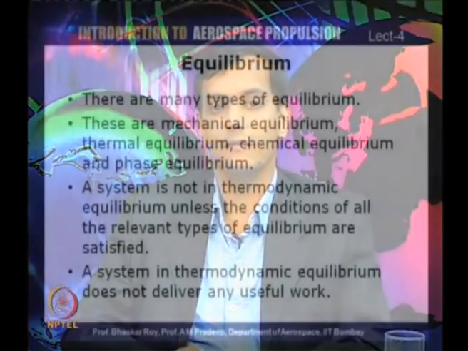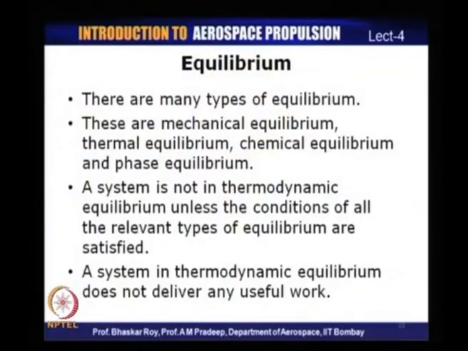A system is referred to as being in thermodynamic equilibrium if all these conditions are satisfied. Unless all the conditions of equilibrium, mechanical, thermal, chemical and phase, are satisfied, a system is not said to be in thermodynamic equilibrium.